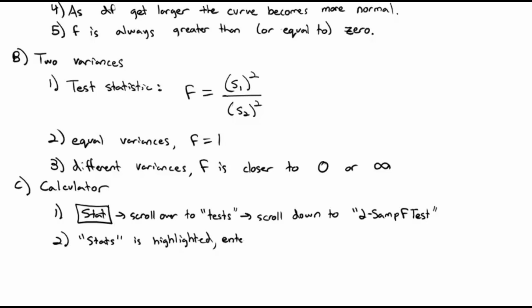And then you can enter the standard deviation. Notice I did not say the variance. Even though we're comparing variances with the F test, the calculator wants us to enter in the standard deviation, which is the square root of the variance. So we can enter the standard deviation and our other data. Other than that, the hypothesis test is going to work exactly like all the other hypothesis tests we've seen before.